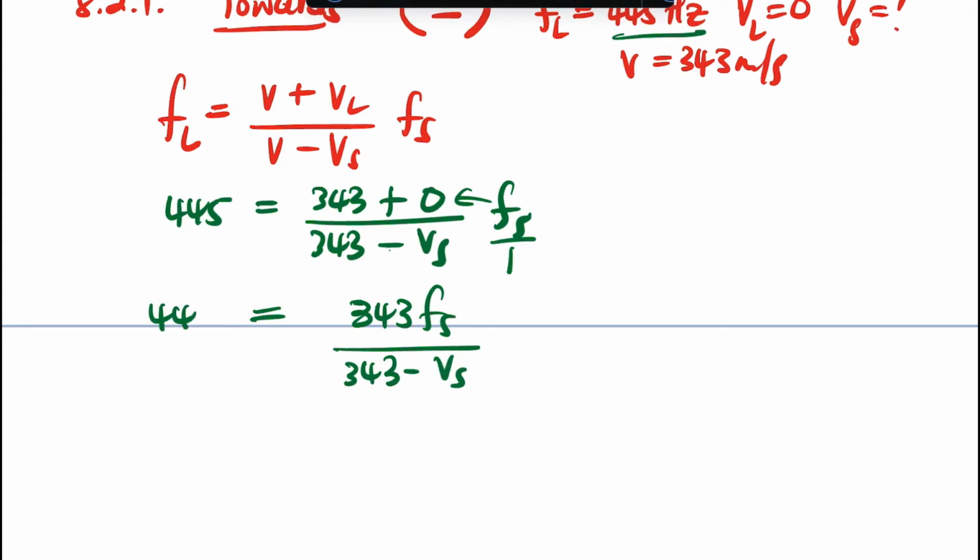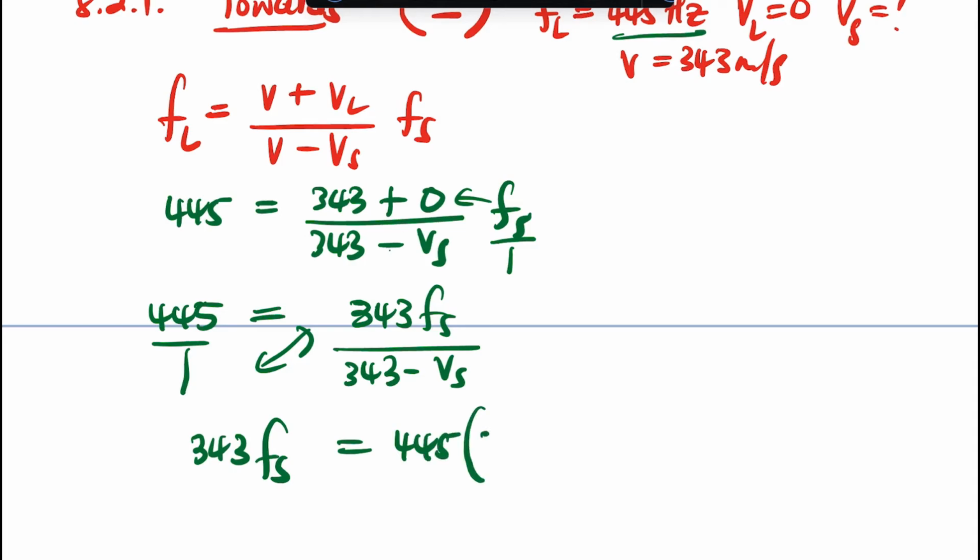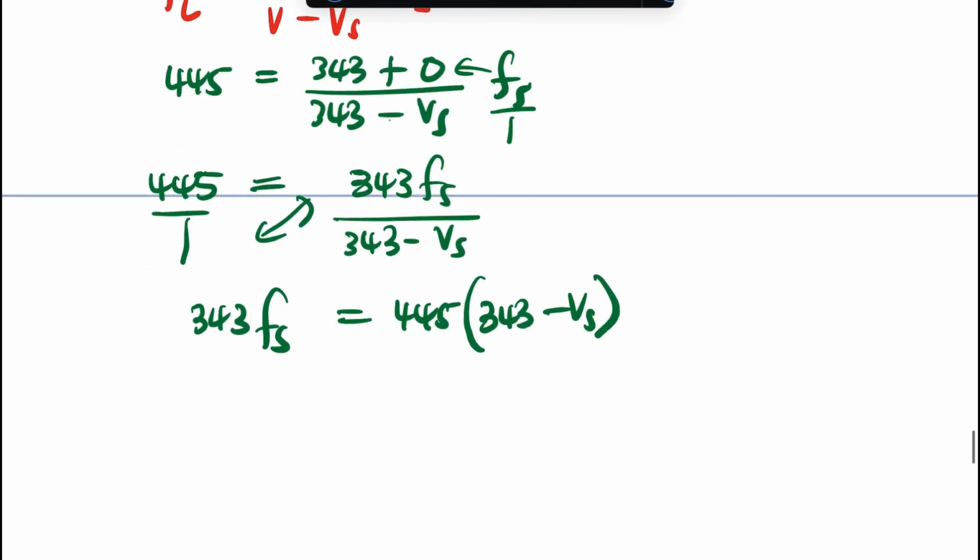I hope that makes sense, guys, what I've done there. Then I cross multiply. So I'll have 343 fs is equal to 445 times (343 minus vs). I'll leave it like that as equation 1.